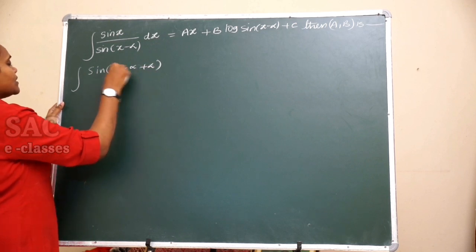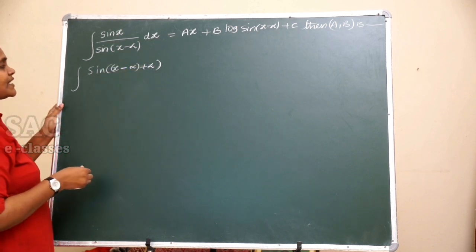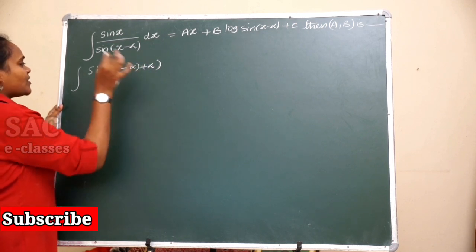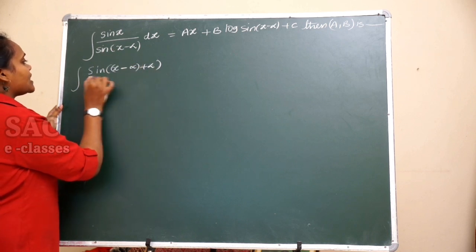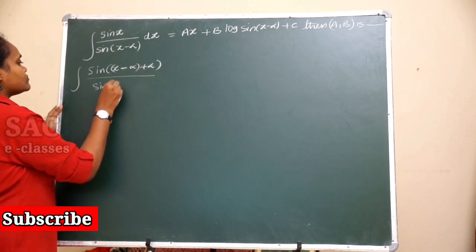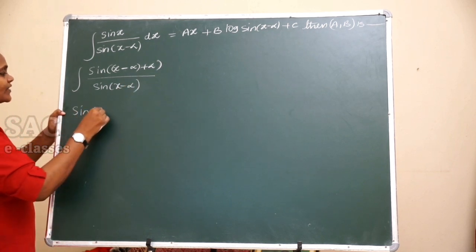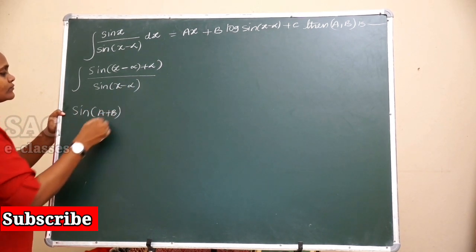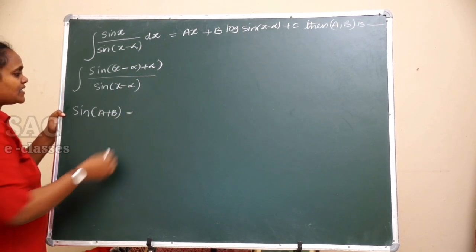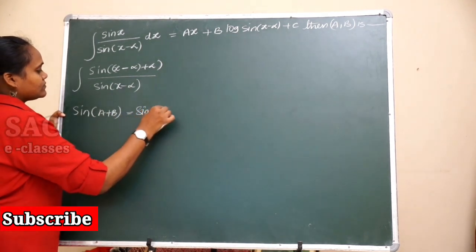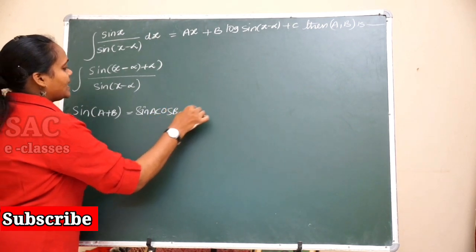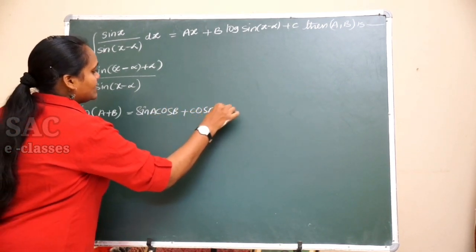Now it is easier. Take x minus alpha as one group and alpha alone. You know very well the formula for sin of a plus b. Can you say what sin of a plus b is? Sin a cos b plus cos a sin b.